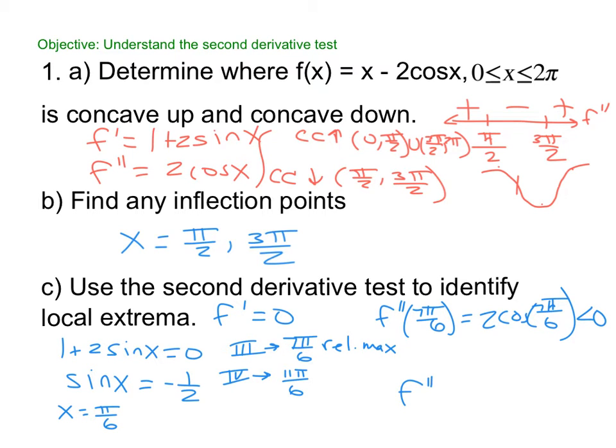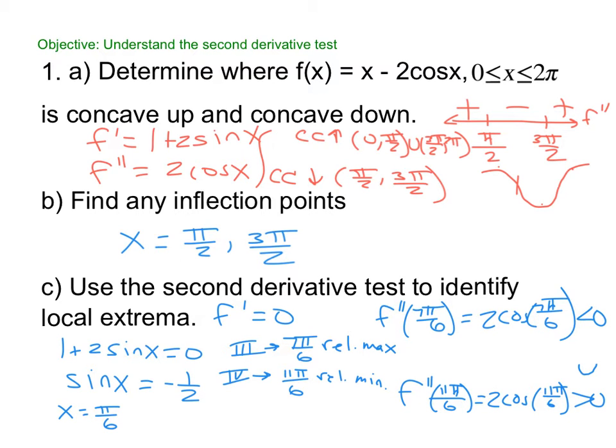And then f double prime of 11 pi over 6. 2 cosine of 11 pi over 6. That one's greater than 0 because cosine is positive in quadrant 4. So that means we are concave up, so it's a relative min.